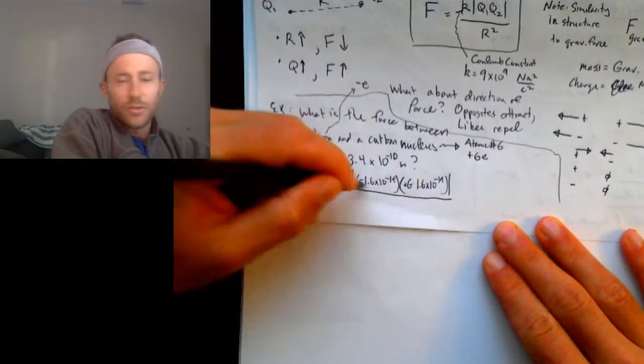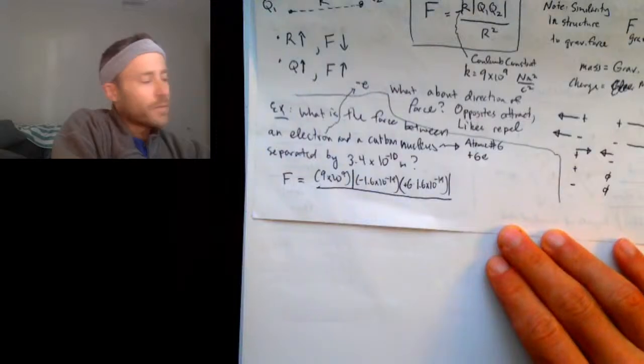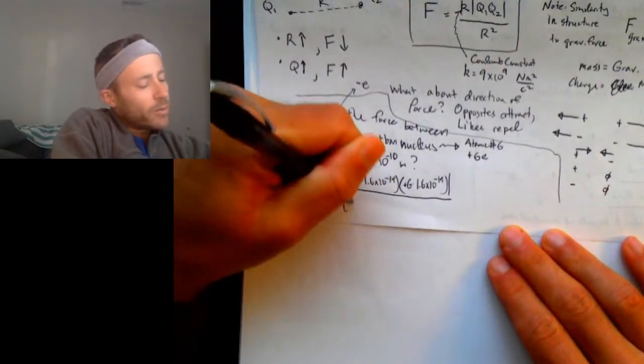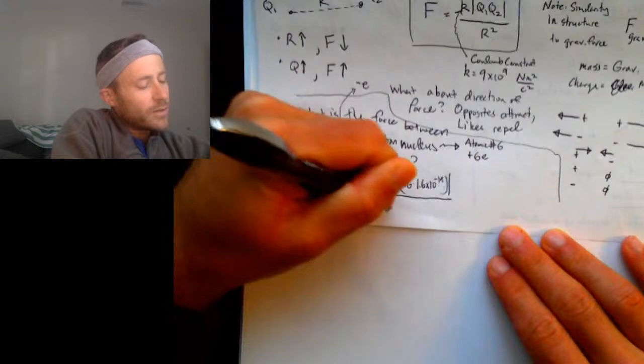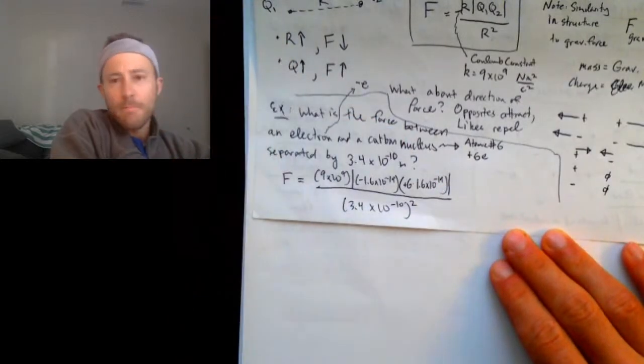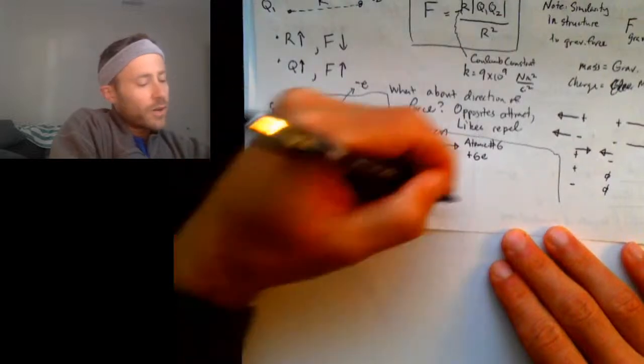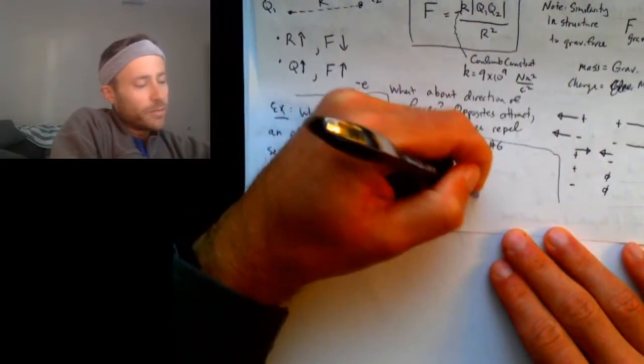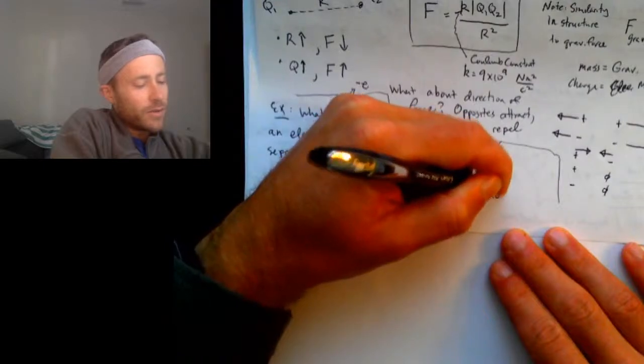So the absolute value is going to get rid of that negative sign. Divided by 3.4 times 10 to the negative 10 squared. All right. And I worked this out last period. It is 1.2 times 10 to the negative 11 newtons.